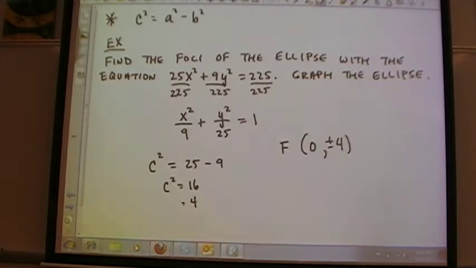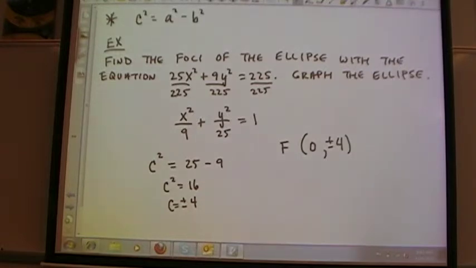Good call, Josh. That should be C equals plus minus 4. Now, if the major axis had been the X, your foci would have been plus minus 4 comma 0.